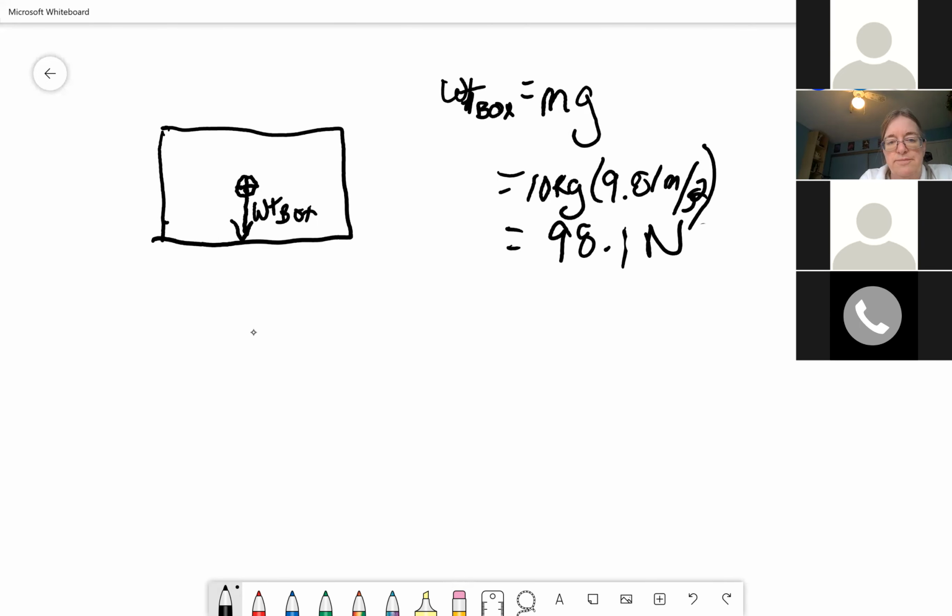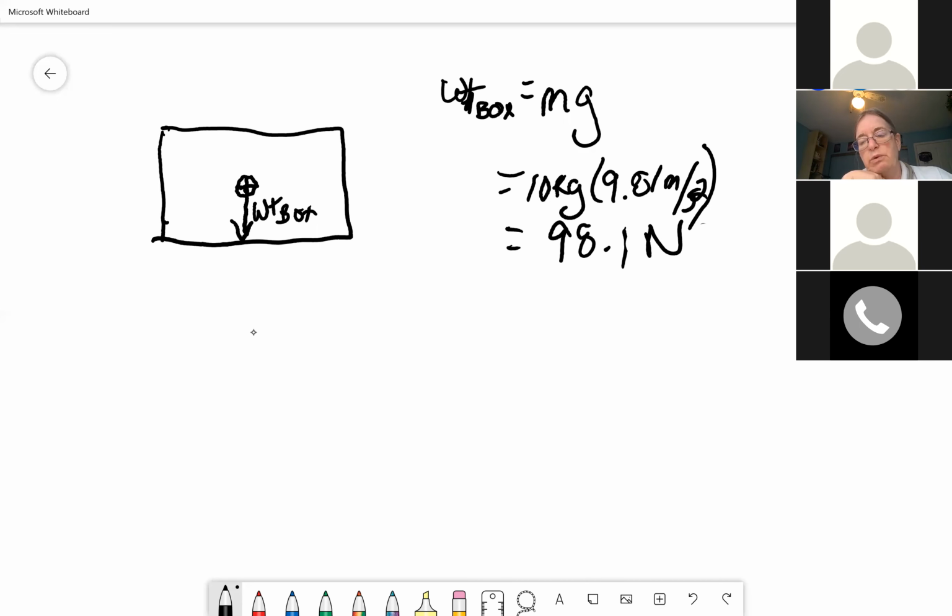Below the box, you're going to have R, and not necessarily directly under it. There is an applied force here, so it depends where the force is applied, and we really don't get into that until we come to equilibrium and balance. That will govern where underneath the box R is. So let's just say it's here.